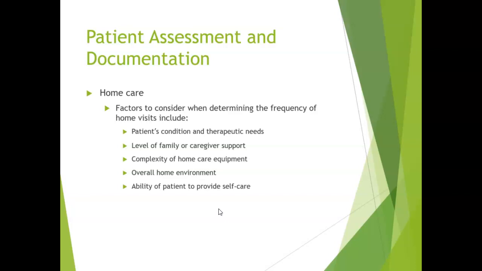So for home care, some factors to consider when determining home care visits. It really depends on the patient's condition, their therapeutic needs at the time of discharge into the house, how much support they have from their family and other caregivers, how technically difficult that home care equipment is.